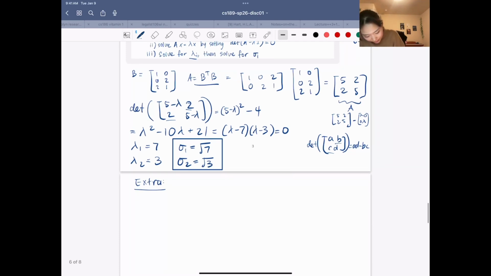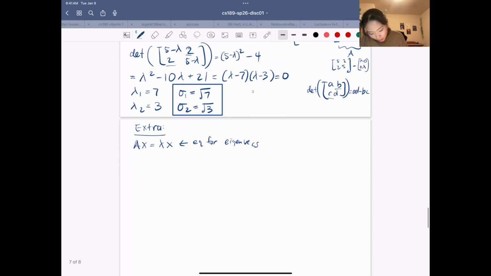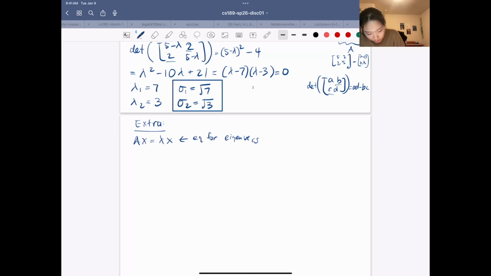So we have Ax is equal to lambda x. And this is just the equation for an eigenvector, right? This is literally the definition. And so we can move this to the other side. We also multiply lambda by an identity matrix I because we want it to have the same dimensions as A. And so we can say Ax minus lambda I x.